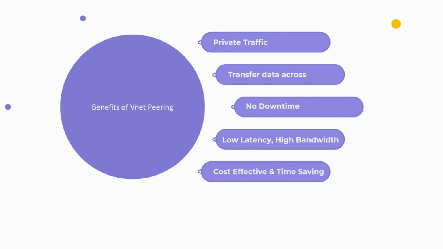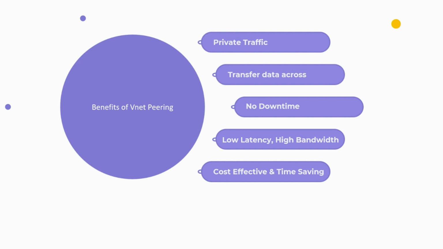Third one, no downtime issues in global Azure virtual network peering, and so customer satisfaction will always be high. Fourth one, it configures the connection with high bandwidth and low latency in the VNet region. And the last one, this is a very cost effective and time saving process that controls the backup traffic sharing from the different regions. So these are some of the benefits of VNet peering.